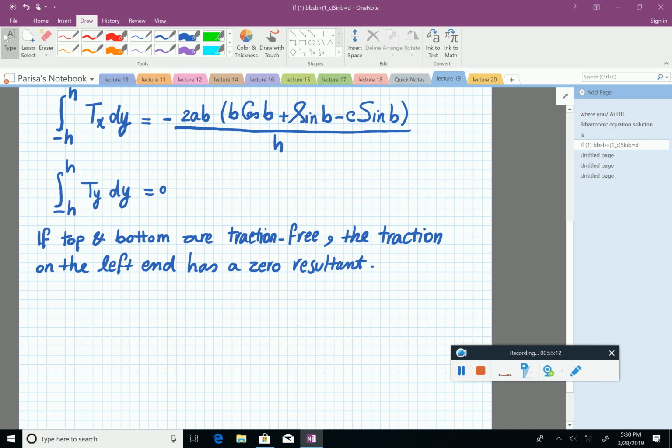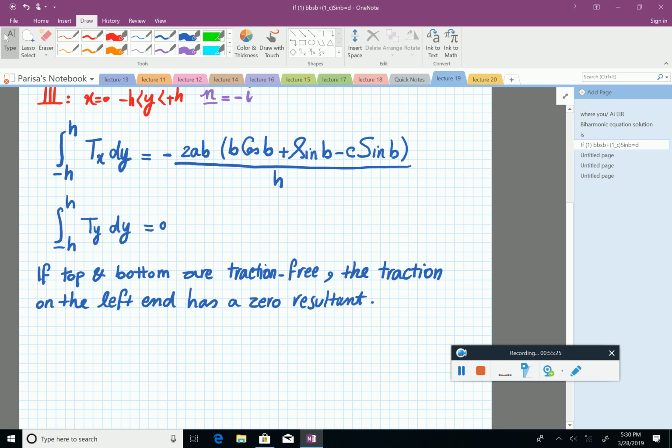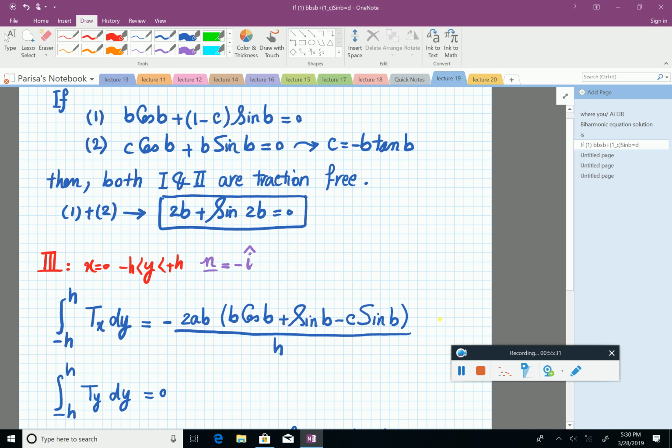So if top and bottom... I'm not sure I'm understanding. That's what I'm saying. I didn't write the fraction.